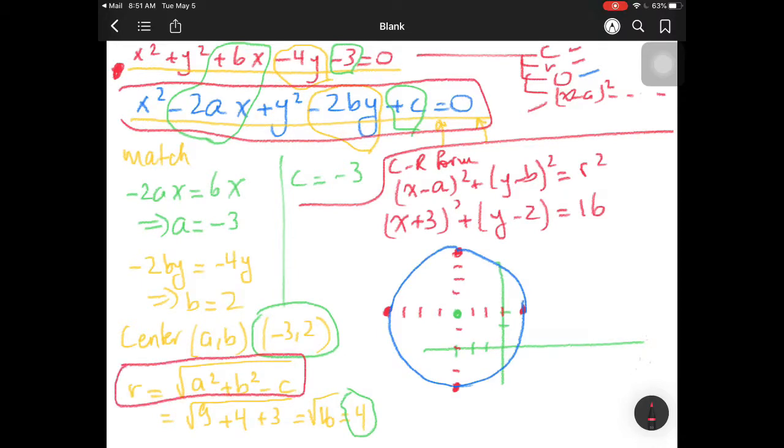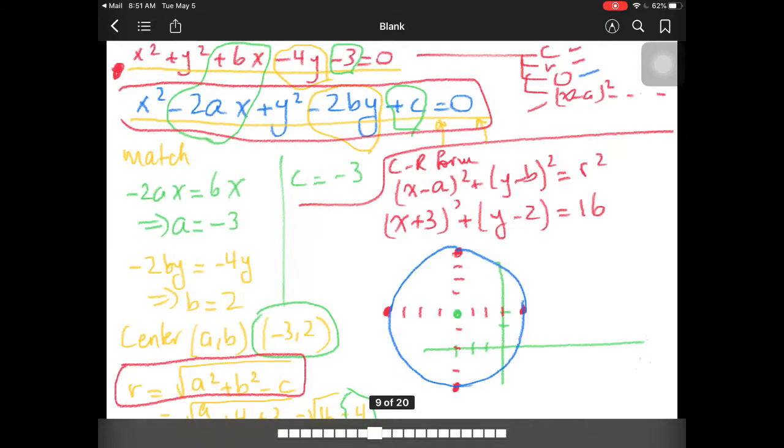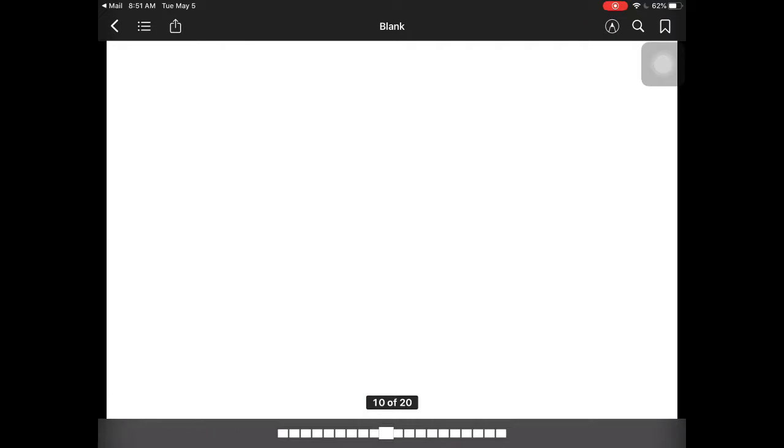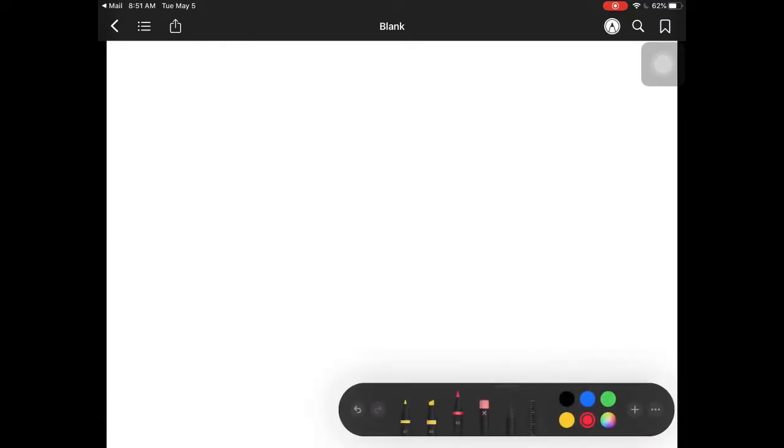Now, if you don't like this method and you know completing the square, or you prefer completing the square, we're going to do that in a little while. And it's up to you to choose any of the two methods that you like. Whichever one you prefer, just go ahead and do it.